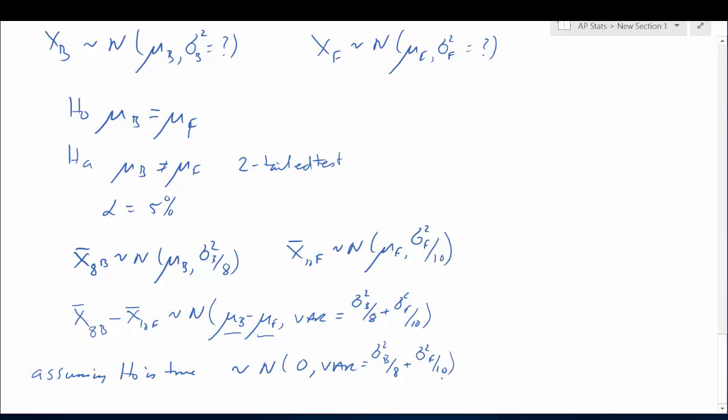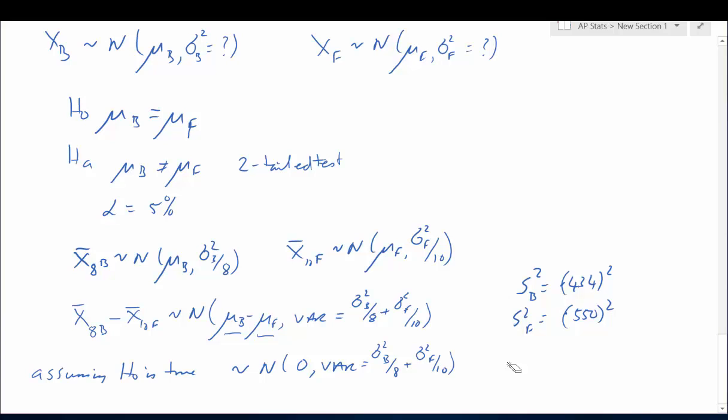However, the problem is that we don't know what the true population variances are. Therefore, we have to use the sample data as a best estimate of those. And we have from this that s squared B is 0.434 squared and s squared F is 0.550 squared.